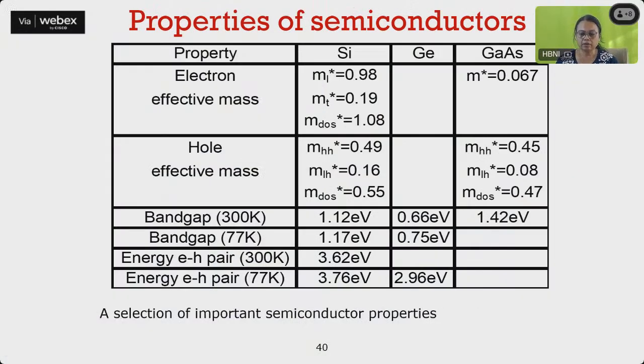So now we have silicon, germanium and gallium arsenide. Electron effective mass is very less for gallium arsenide. You can see 0.067 times the electron mass, whereas for silicon we have 0.9, at a different temperature, and the DOS values are different, we have seen that.